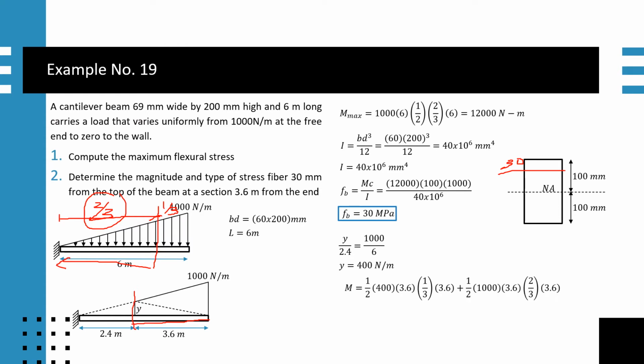And next, kunin natin ang M, or ang ating moment at this location. Ano yung moment dito? So, that will be 1/2 times 400, times 3.6, times 1/3 of 3.6.